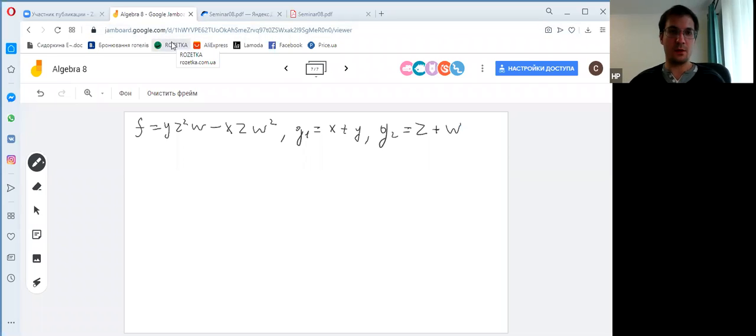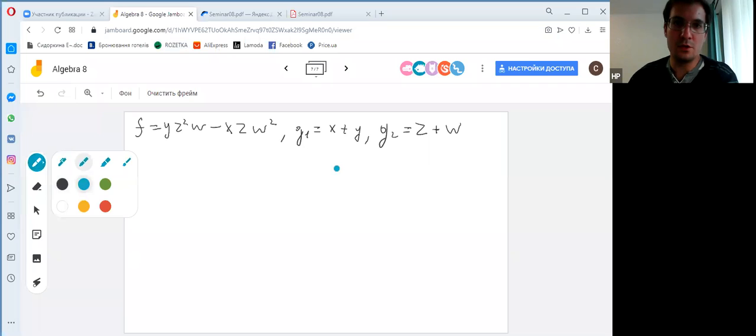Let me remind that the remainder can be not unique, but it is not a problem. First of all, we want to say which terms are leading terms of g1 and g2.